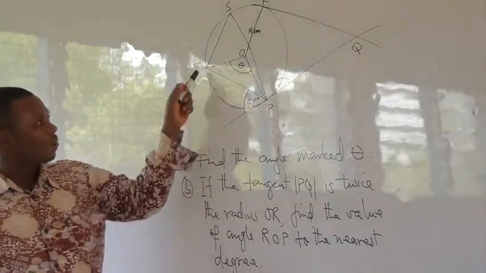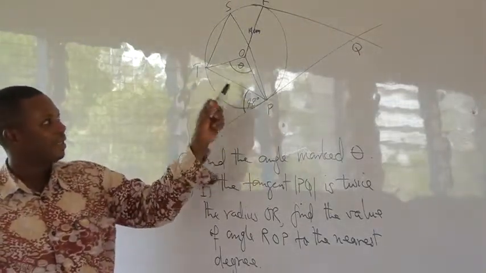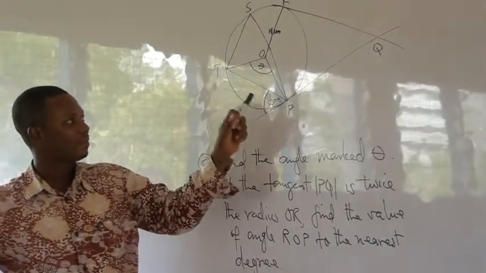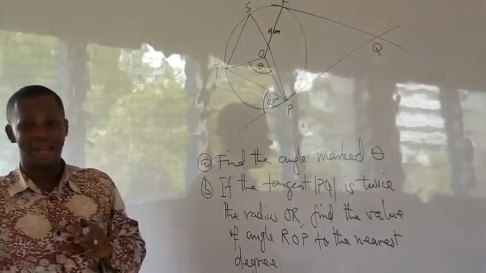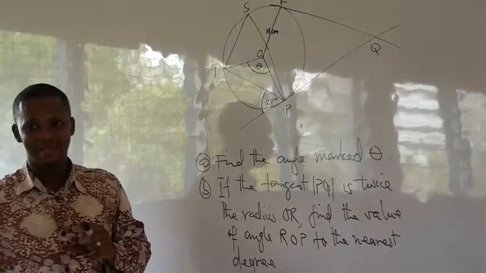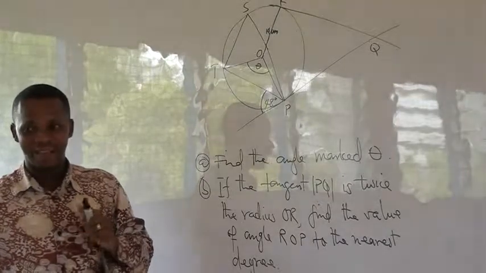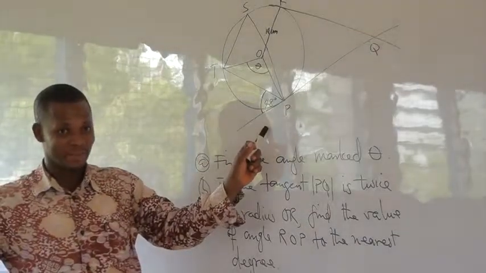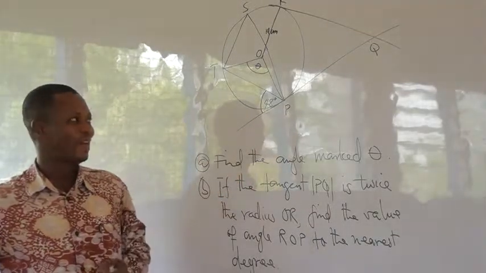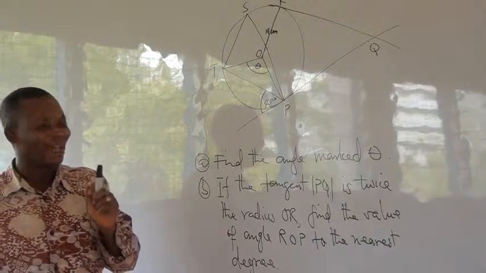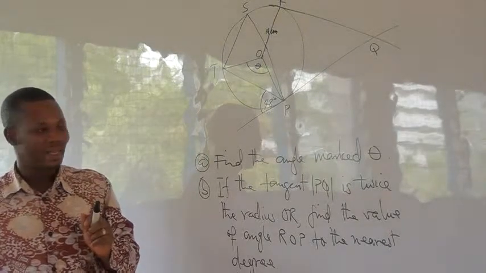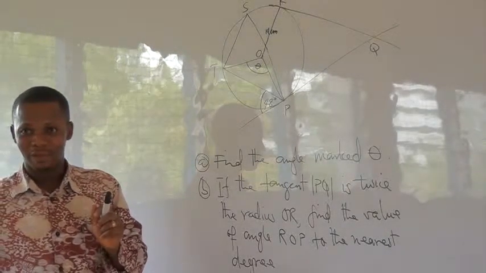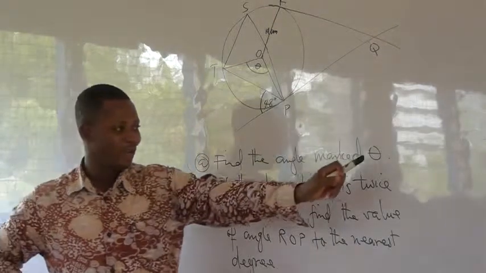Meaning that if the same chord PT subtends any angle in the major segment, that angle will be equal to 48 degrees. Agreed? Fine. We are supposed to find the angle marked theta. Are you with me? We are looking for the angle marked theta.